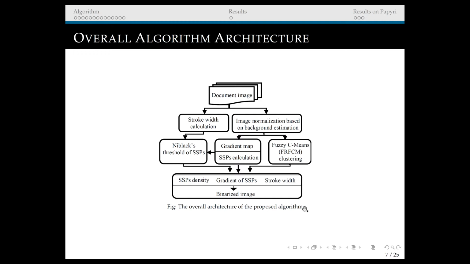And then you also find some technique to remove the background from the image. And then you use some techniques to find the gradient, that means the edges, from the image. You do some clustering to find those pixels which look similar or have a similar kind of color. And by combining all these things, you do the binarization.